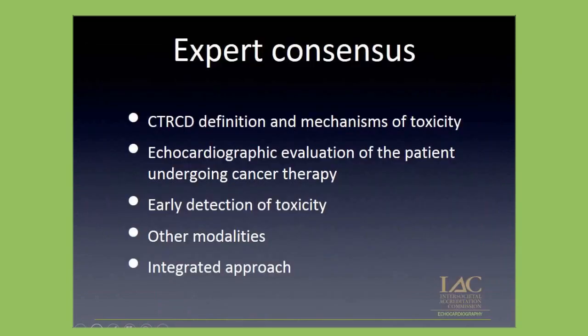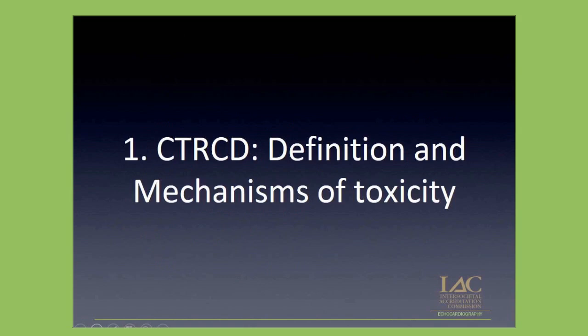The document is organized in 5 parts, and what I want to do in the next few minutes is outline the messages that you need to remember from this consensus, the messages that you need to take home today. So without any further ado, let's go ahead and get started.